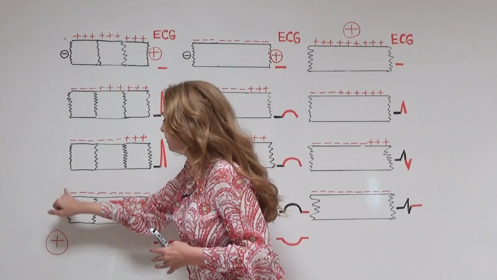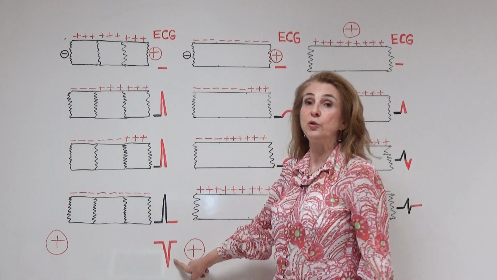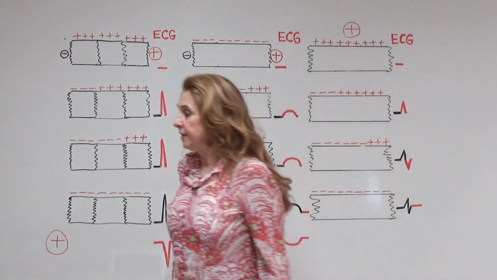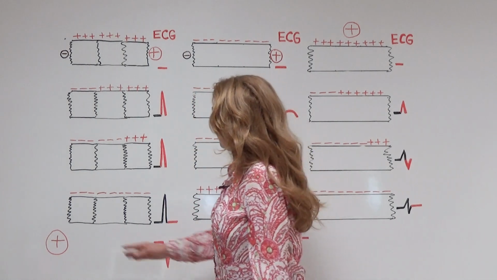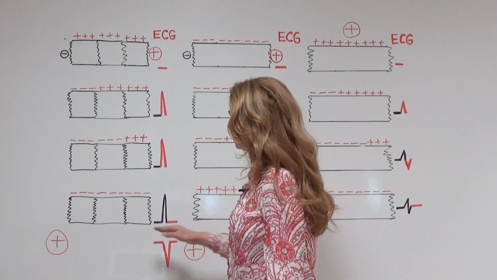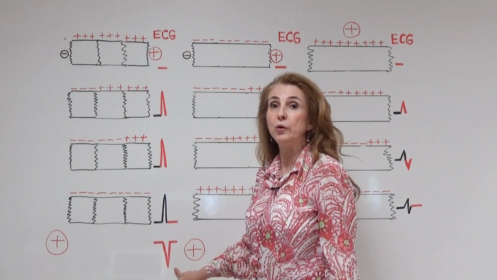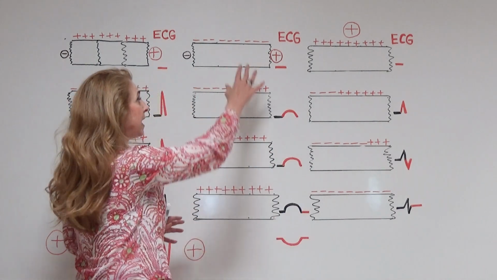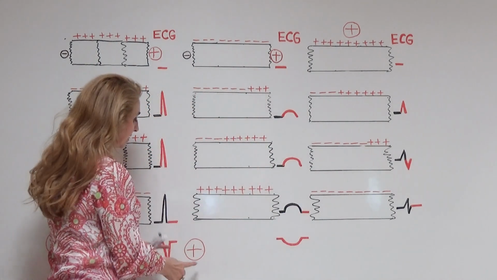If the positive electrode is on the negative side, there is going to be a negative recording. And we can say that if the polarization is moving away from our positive electrode, we record a negative wave in electrocardiography. The same thing applies to repolarization.